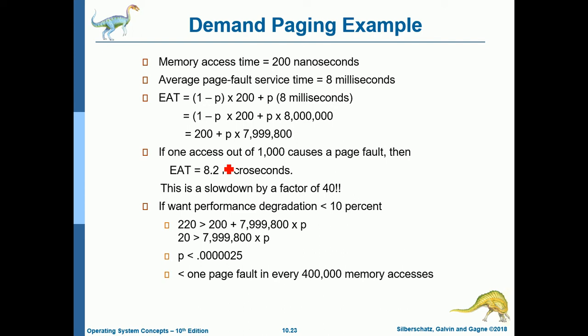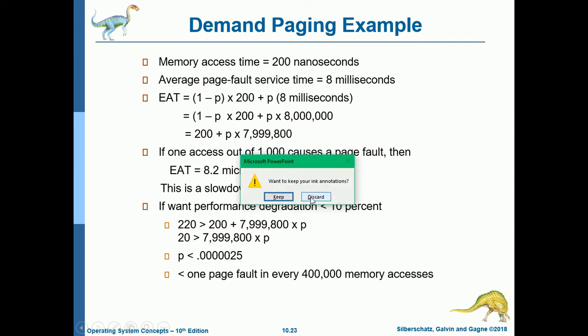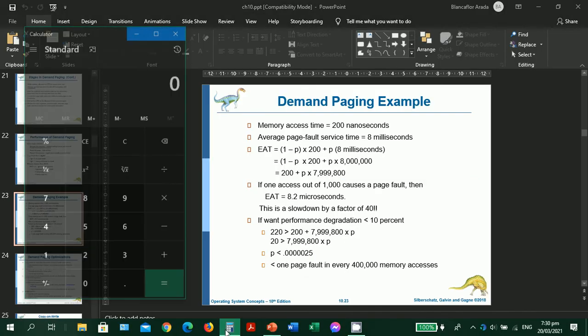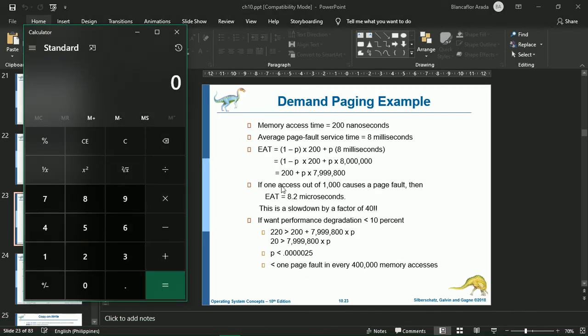So this will be our example. If one access out of 1,000 causes a page fault, then EAT is equal to 8.2 microseconds. So how does this happen? Again, let's use a calculator to show you how 8.2 is derived.